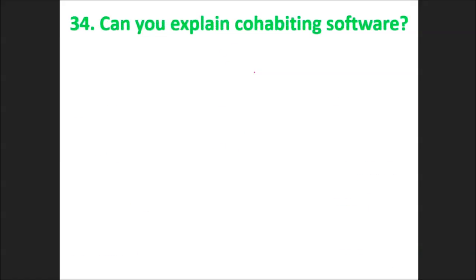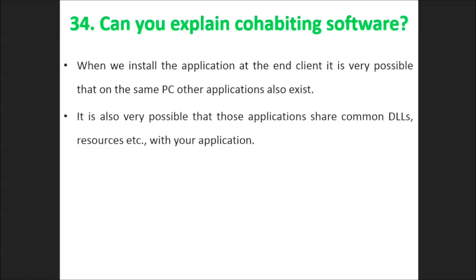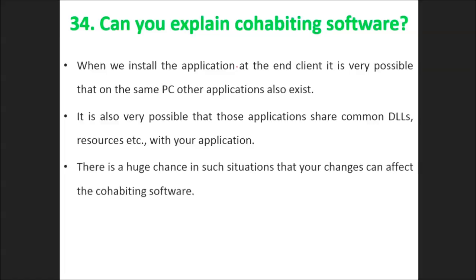Now you can be asked, can you explain cohabiting software? You can answer, when we install the application at the end client, it is very possible that on the same PC the other application also exists. So it is also very possible that those applications share common DNS resources etc. with your application. So there is a huge chance in such a situation that your changes can affect the cohabiting software.